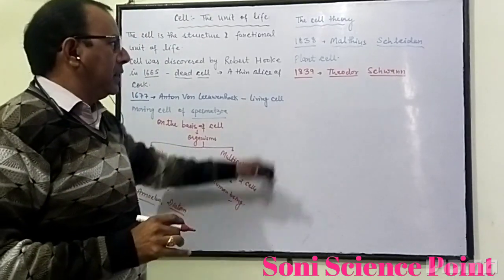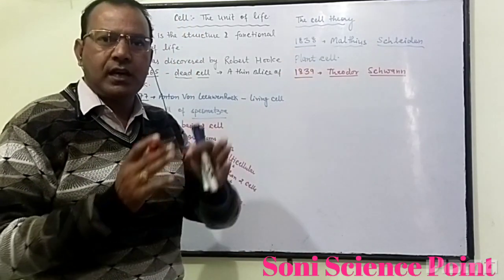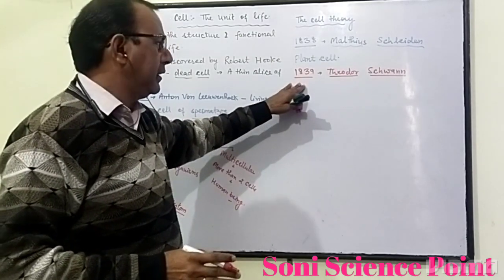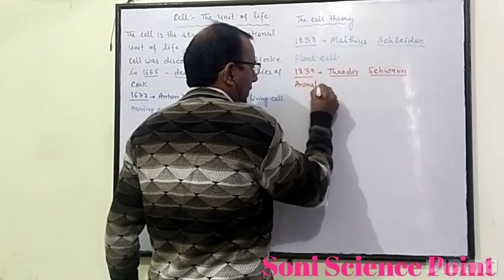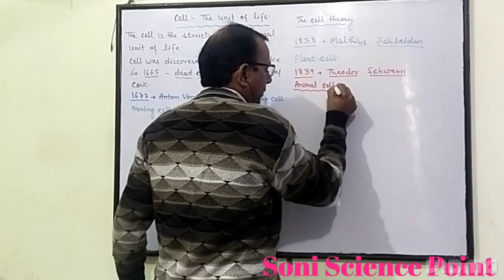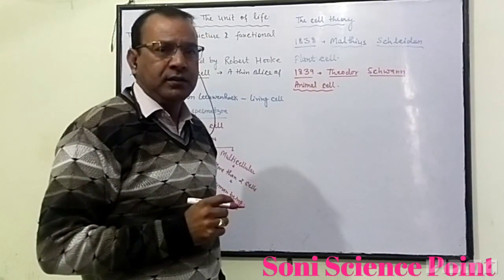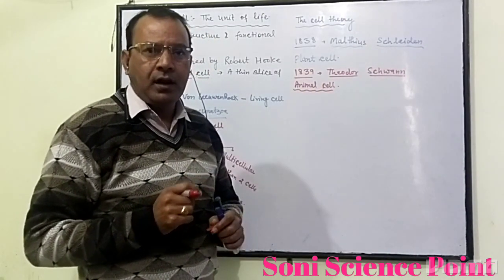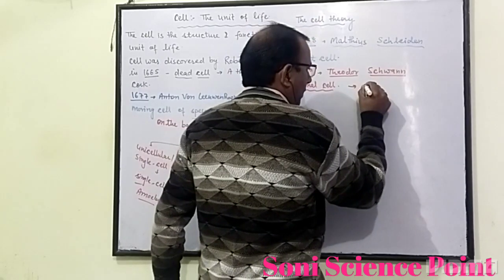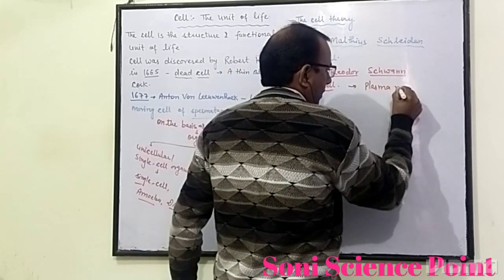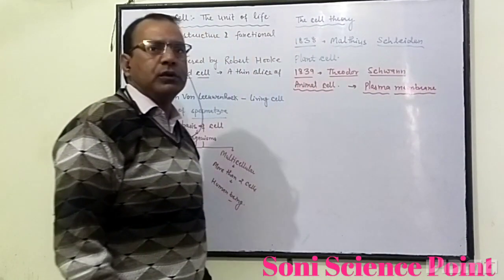So Schleiden in 1838 proposed that all plants are made up of cells. Similarly, in 1839, Theodor Schwann proposed that all animals are made up of cells. Schwann also showed that in animal cells, a thin outer membrane is present, which is called the plasma membrane or cell membrane.